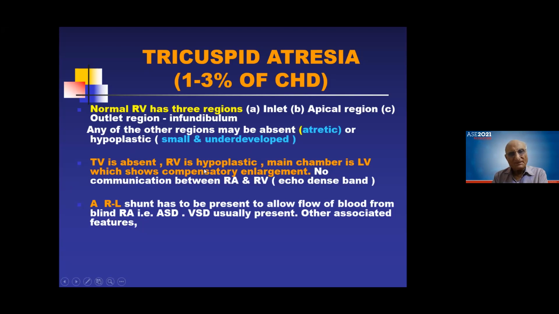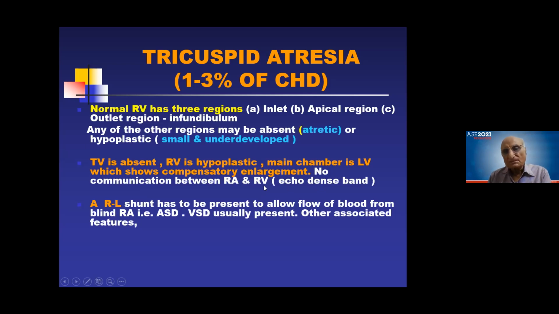So when the RV is hypoplastic, the main chamber has to be the left ventricle, which shows a compensatory enlargement. So there is no communication between RA and RV. Remember, it is an echo-dense band, because atresia means that it is absent.